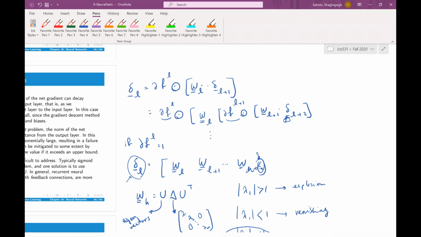So for example, with the sigmoid activation function, the gradient is 0 in many places, the places that are not close to 0. Whenever we are close to 0, the gradient of sigmoid is non-zero.